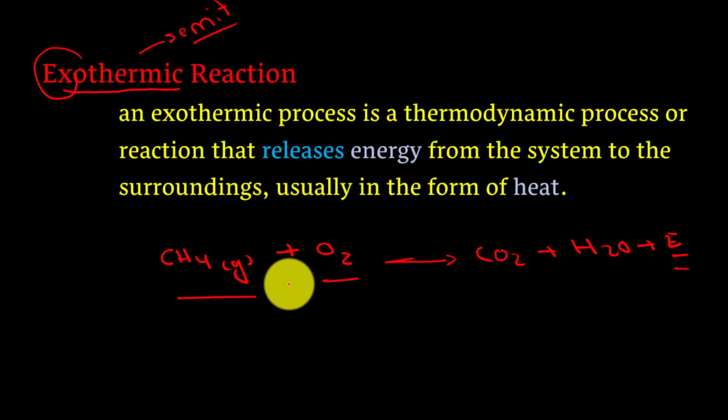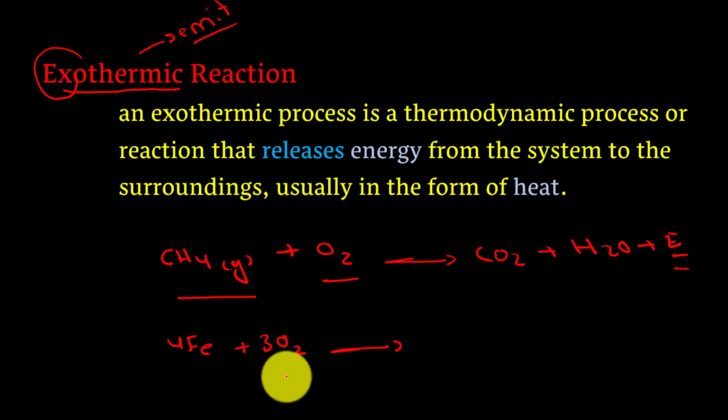Or for example, ferrum reacts with what? With oxygen, right? While ferrum, or the iron, reacts with oxygen, it gives us ferrum oxide. While this ferrum oxide is coming from the reaction of these two reactants, during this reaction, a lot of heat is emitted or released, a lot of energy is released in the form of heat.